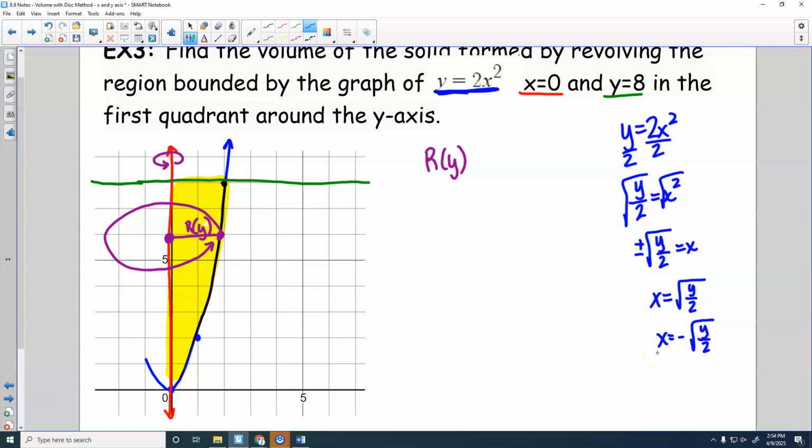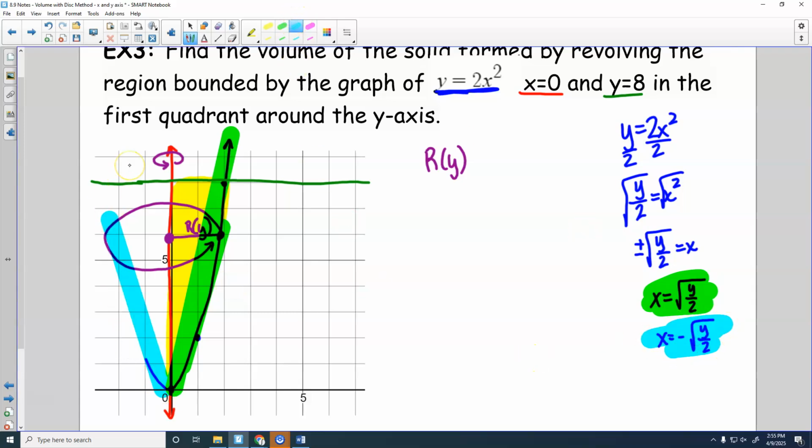Okay? So this one, x equals the square root of y over 2, where it's positive, is this side of that function right here. This one would be over here, your negative side of that function.